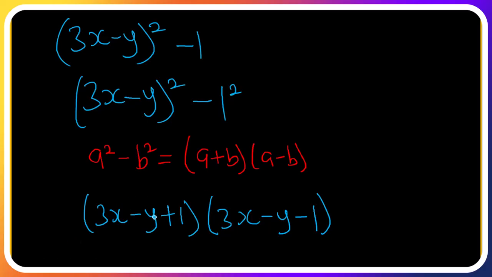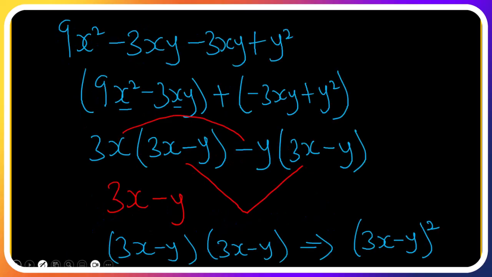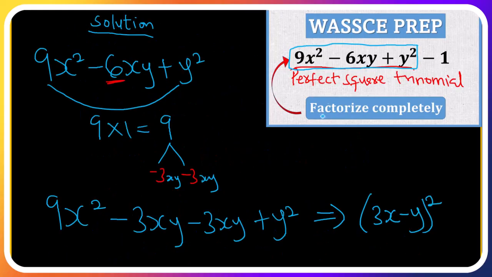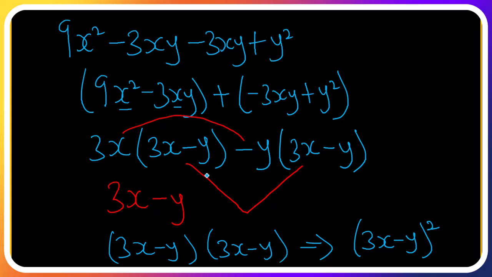Always remember that when you are given questions of this sort, first check for the perfect square. So if we have a square for the first term and then a square for the third term, this defines the expression as a perfect square trinomial, and with the idea of that, you proceed using the difference of two squares. So we considered the perfect square trinomial, resolved it to find the factors.